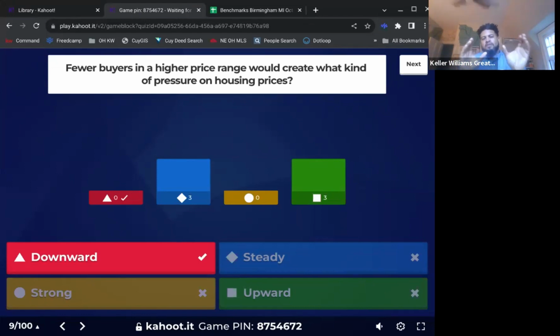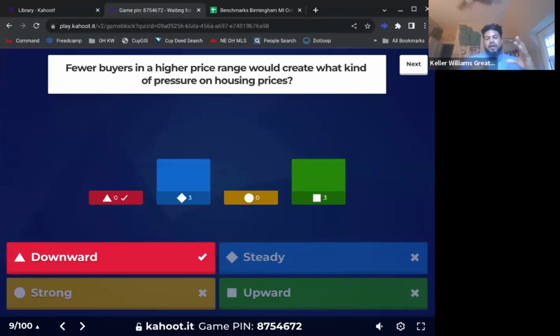So if the demand for something is low, so buyers are the demand and inventory or houses are the supply. If the demand is low, then the prices would have to come down, because prices go up when demand is high and supply is low, which is what we're in right now.